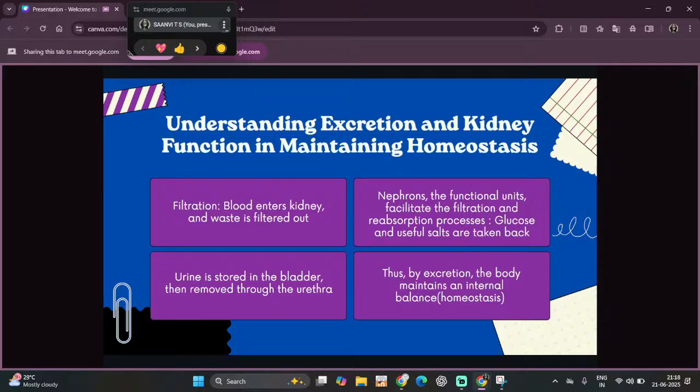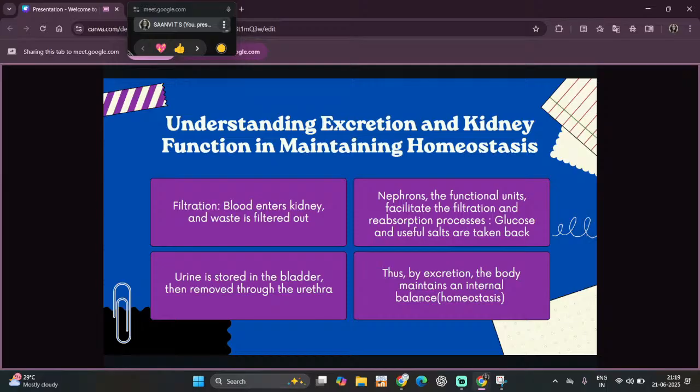Now moving on to the next concept that I will be taking over, which is understanding excretion and kidney function in homeostasis. When we talk about excretion, it refers to the removal of toxic substances and anything in excess from our body.